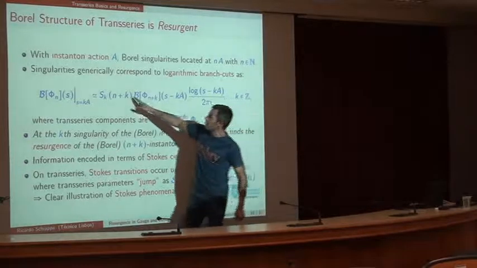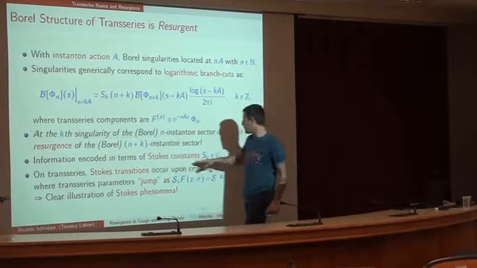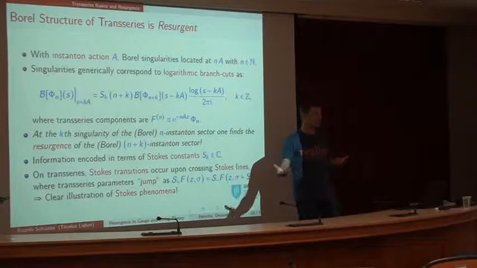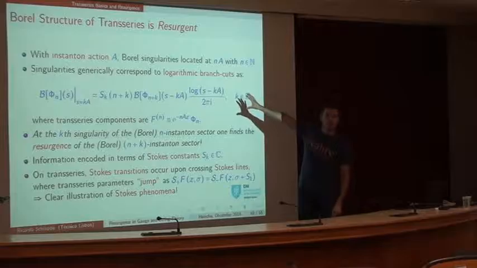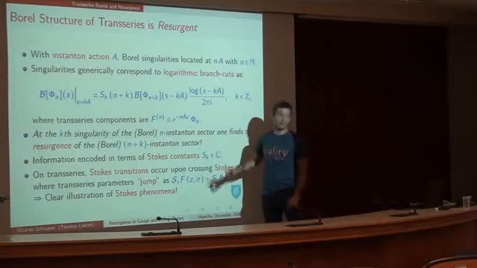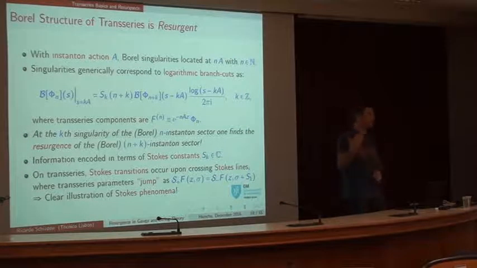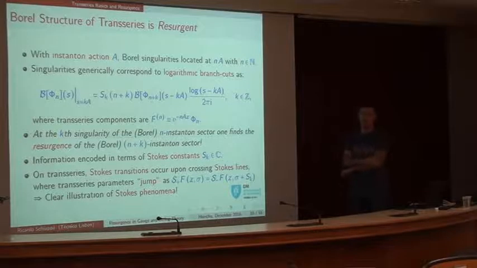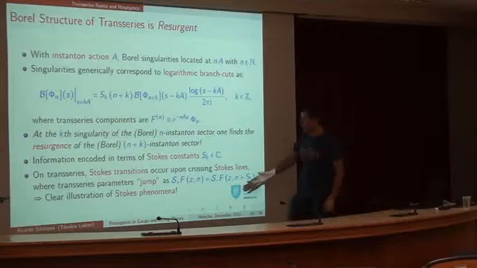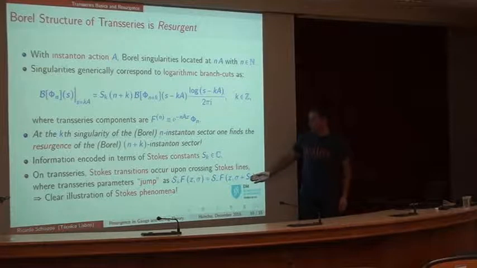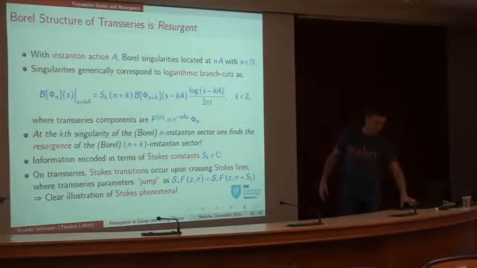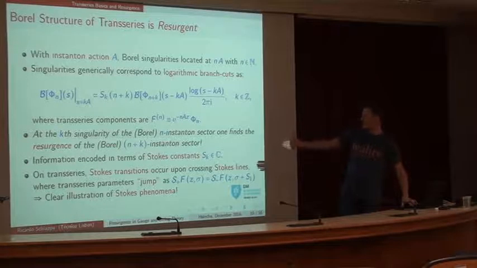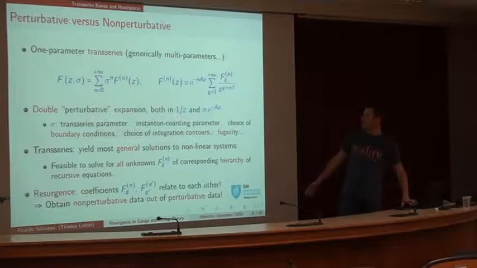The coefficients that appear here, these numbers, are known as Stokes constants. This is sort of the hard part of the problem because the structure is already all included in this singular structure. Computing the Stokes constants is a hard problem. They're generically transcendental numbers in nonlinear problems, which are hard to compute. They play, of course, the role of making the Stokes phenomenon occur. The Stokes phenomenon occurs here very simply by what we can say, quote-unquote, a jump of the trans-series parameters.